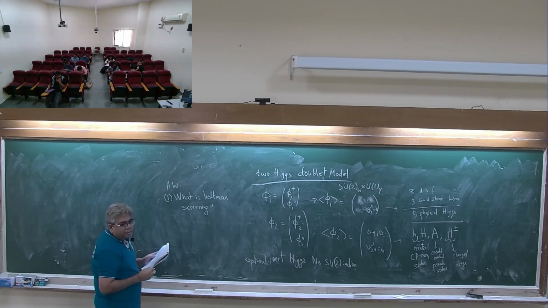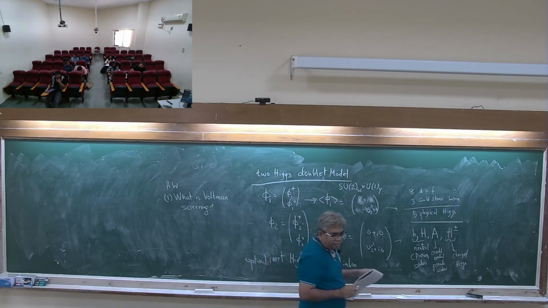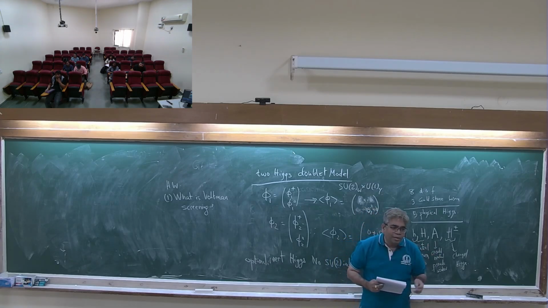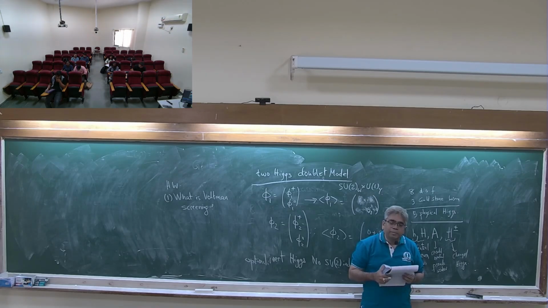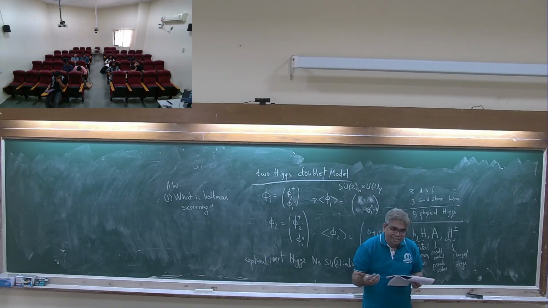Weltman screening essentially tells you that any new particle or the Higgs should be such that it always protects the rho is equal to 1 relation. Okay, the rho is equal to 1 relation should always be protected to all orders, or in other words, Weltman screening is essentially another word for custodial symmetry. Okay, okay.